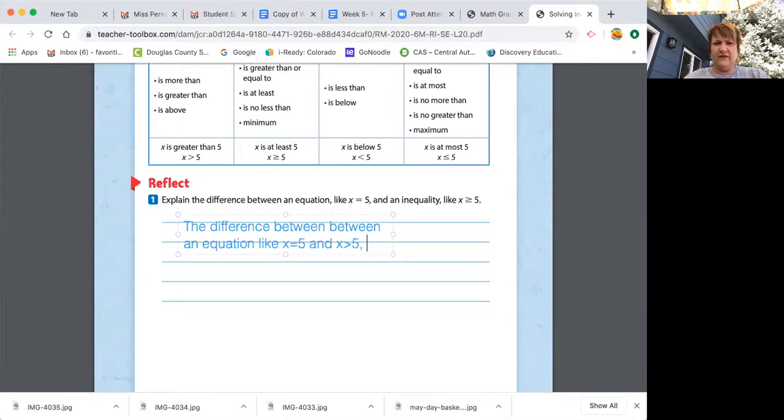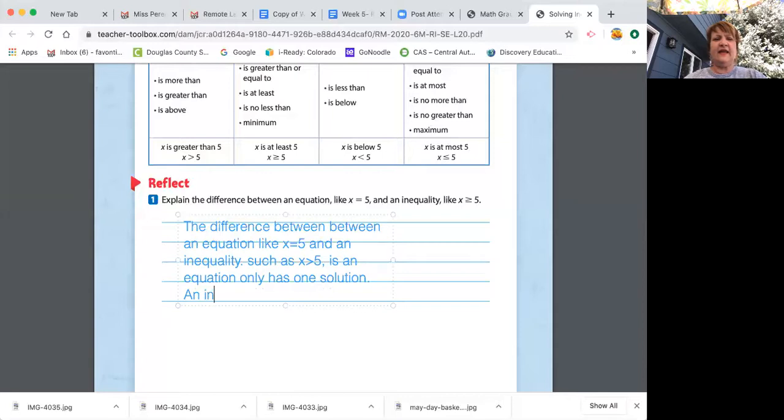The difference between an equation like that and an inequality such as x is greater than 5 is that an equation like the first one only has one solution. That's the big deal.